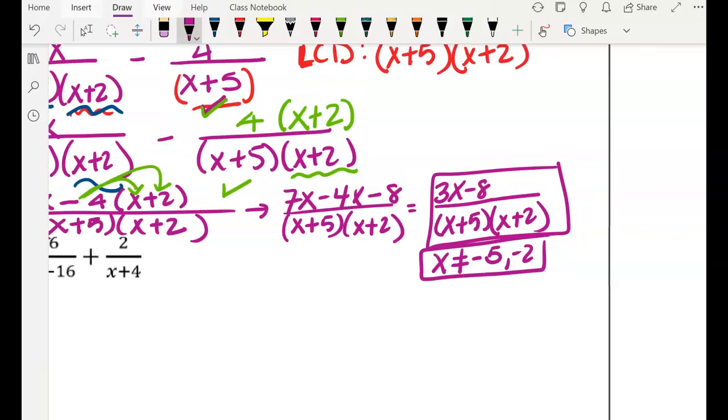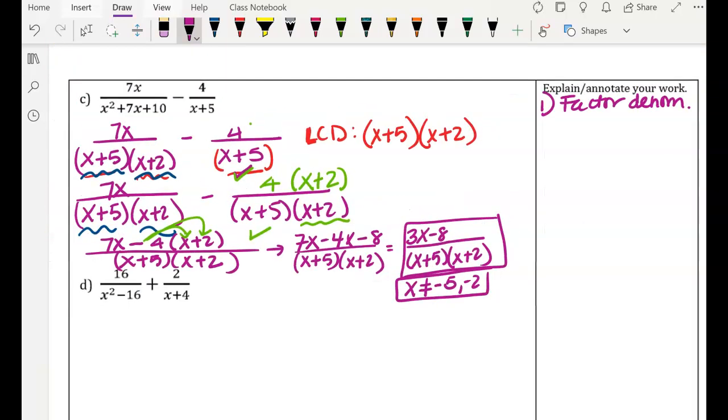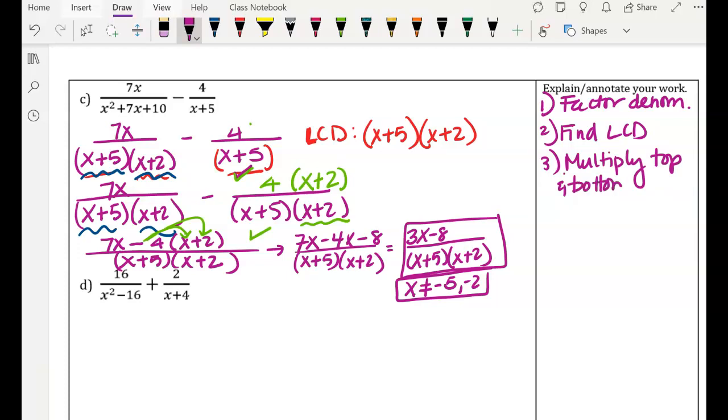So as you can see, the steps are: factor the denominator, find the LCD, multiply top and bottom by the same term, combine the top, aka numerator.